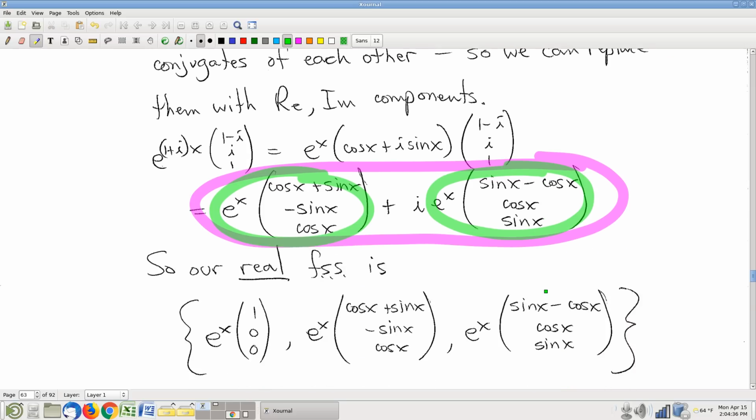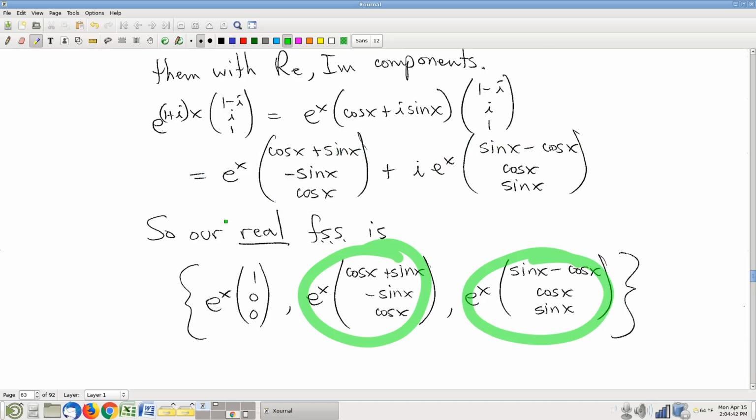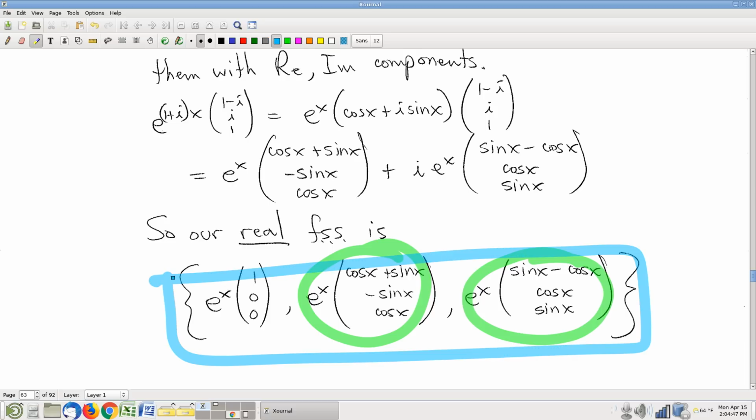So that's what I use instead, like so. And our original fundamental set of solutions turns into this, which is a real fundamental set of solutions like we wanted. Everybody happy?